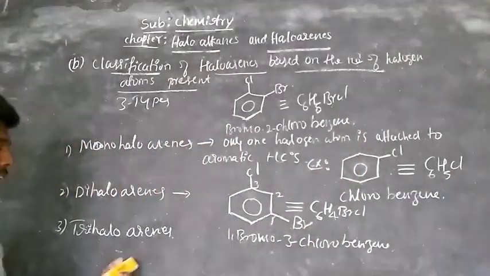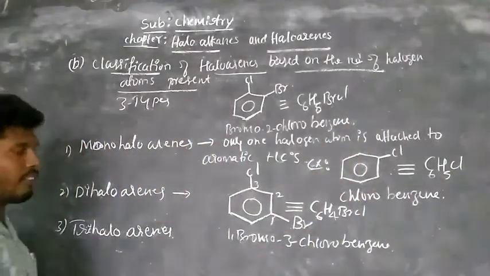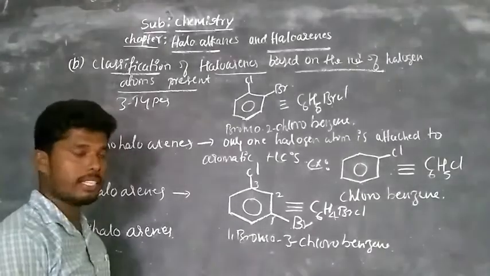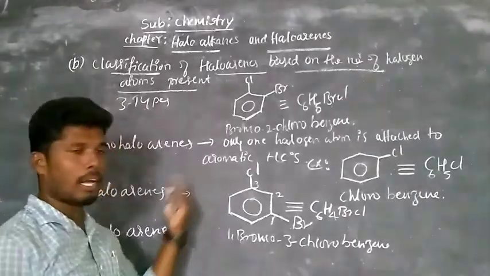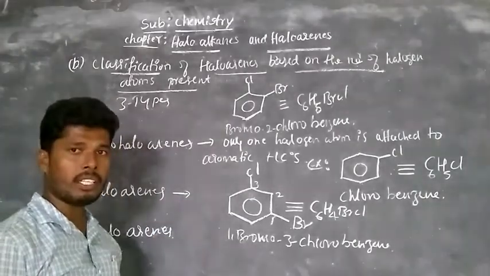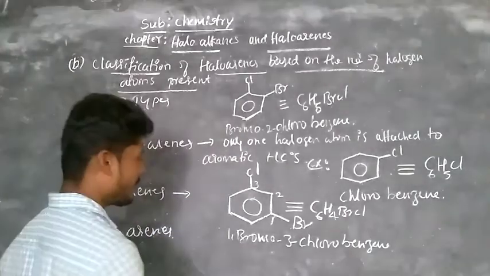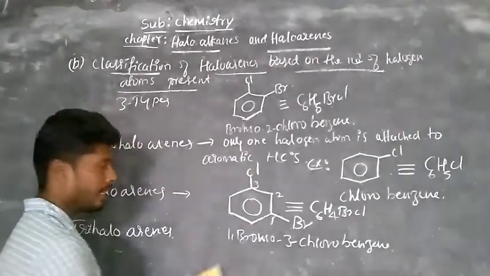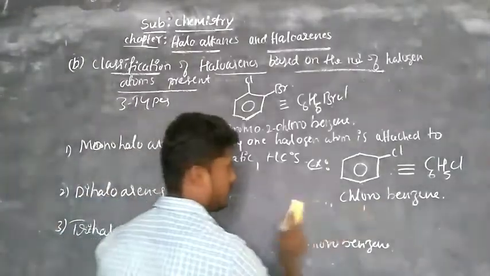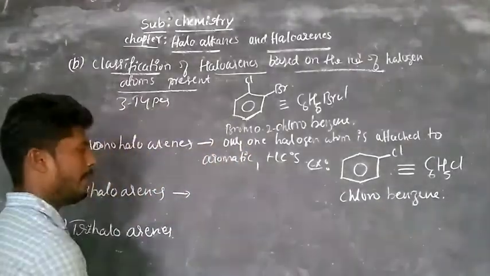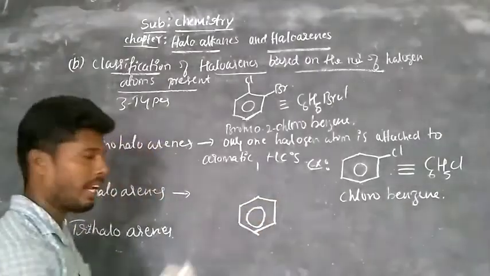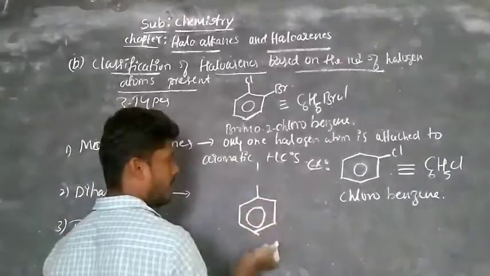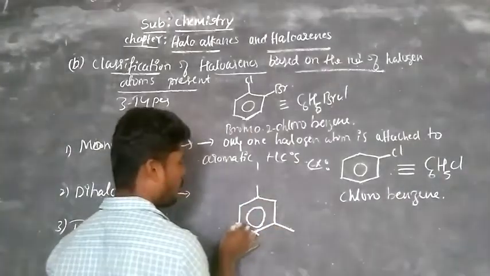And similarly, trihaloarenes means what? Define. Trihaloarenes are defined as compounds in which three halogen atoms are attached to the aromatic hydrocarbon by replacing three hydrogens. For example, observe here. Take benzene. In benzene, three hydrogens are replaced, one here and one more here.